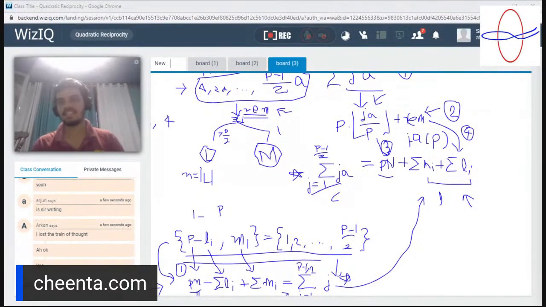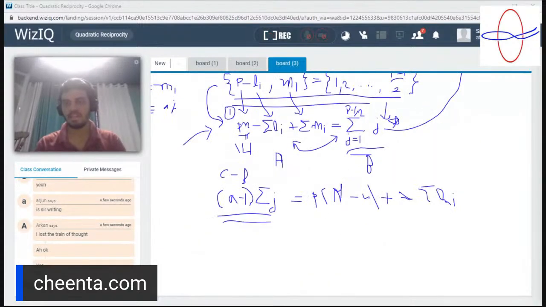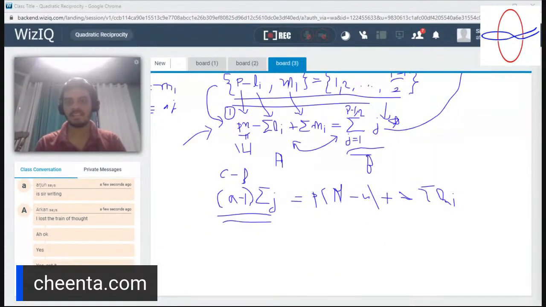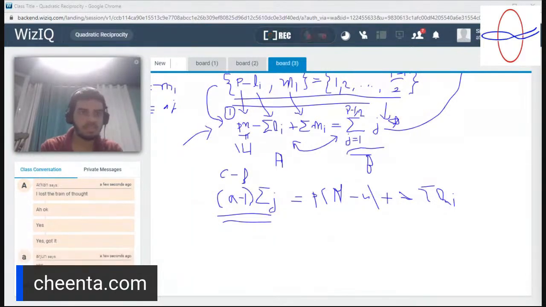And on the right hand side, I have b times capital N minus b times small n, which I'm writing as b times (capital N minus small n). Plus, I have an li here, and then I have a minus li here, so plus 2 times li. And then I have these mi's which get cancelled out, plus mi and plus mi. Arjun, are you able to see this?